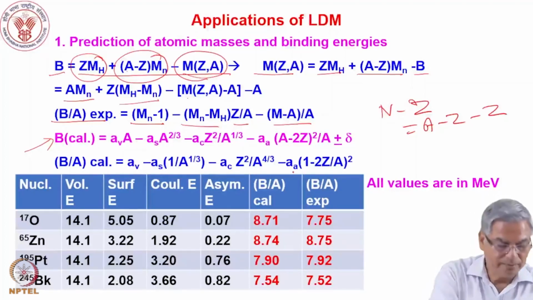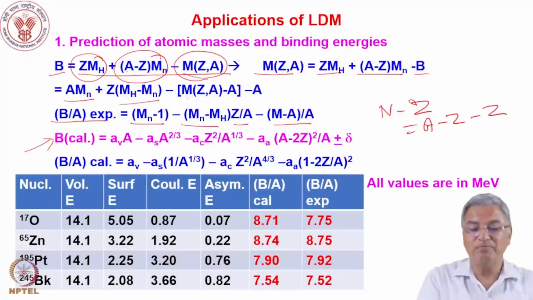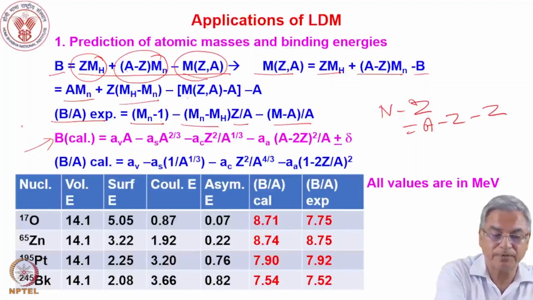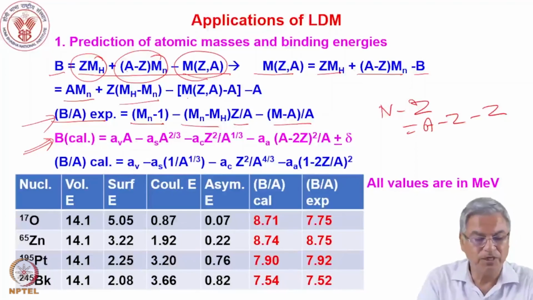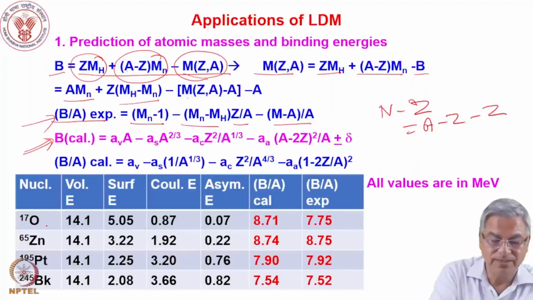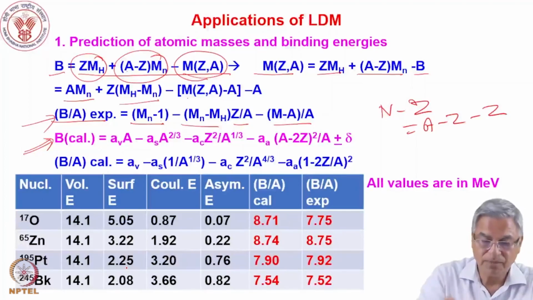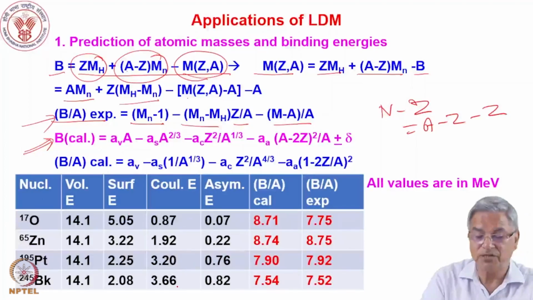And now what I am showing in the table here is the calculated and experimental masses. So you can get experimental binding energy from here and calculated from here. See the table here now for nuclei of different mass numbers. So oxygen 17, see the volume energy term is constant, 14.1 AV. Surface energy term is changing now, it is decreasing with the mass number. Coulomb energy term is increasing with the mass number.